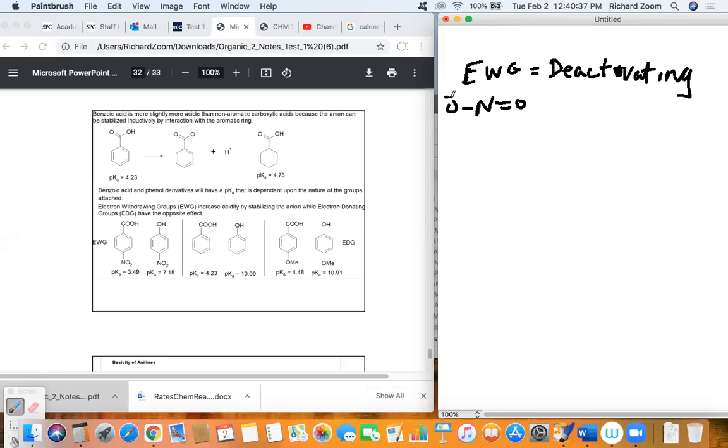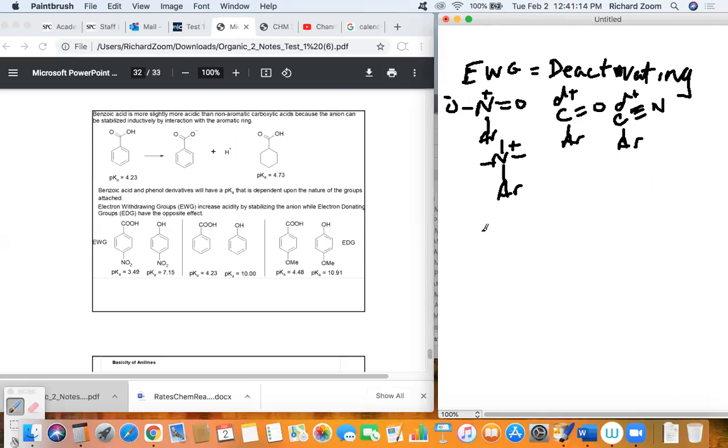I'll just remind you of these because we talked about these earlier. And I'll just put the aromatic ring down here as well, just to highlight that connection there.